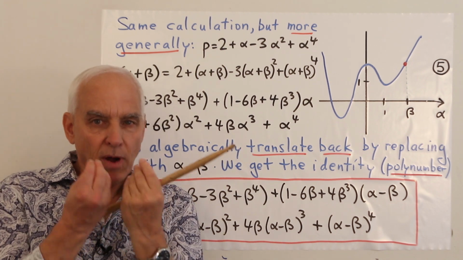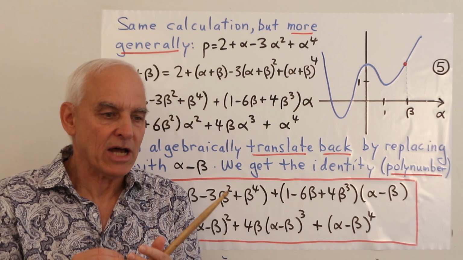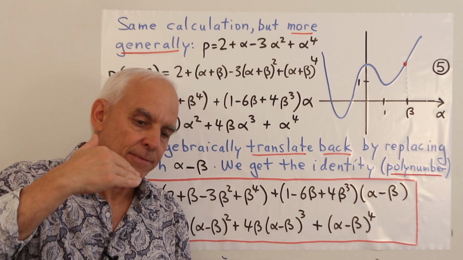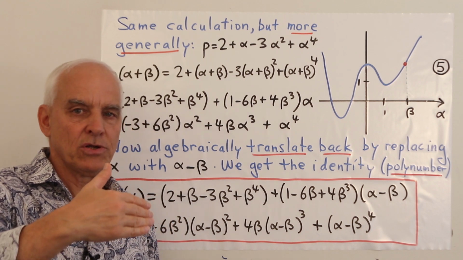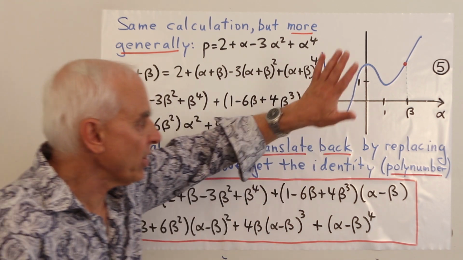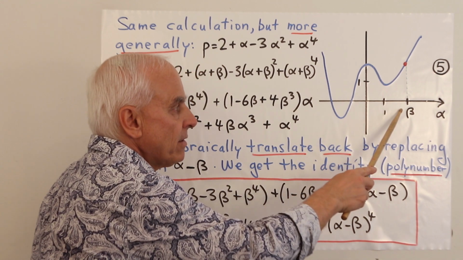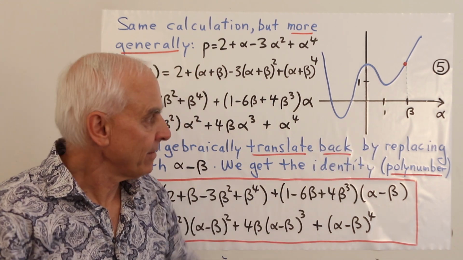And geometrically what that does for us is it allows us to read off automatically the various tangent curves to the original polynumber P at the point beta, at that point there.